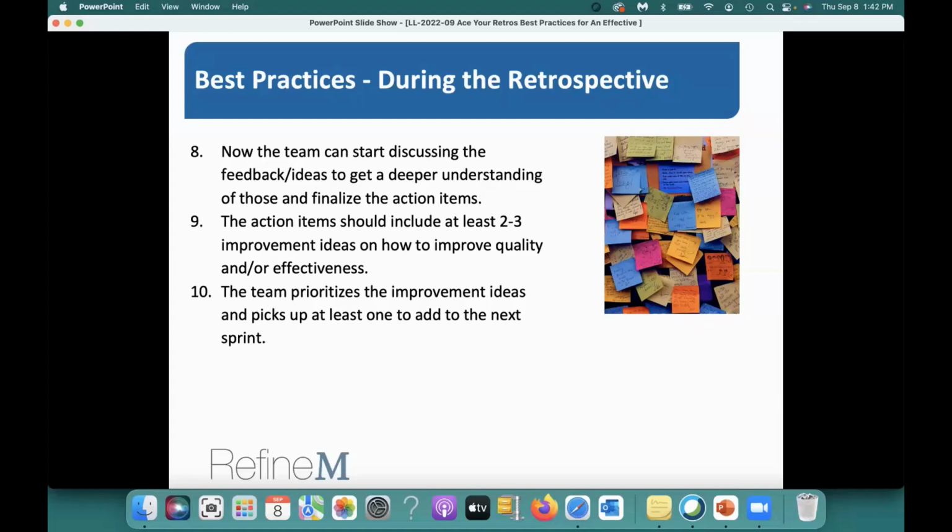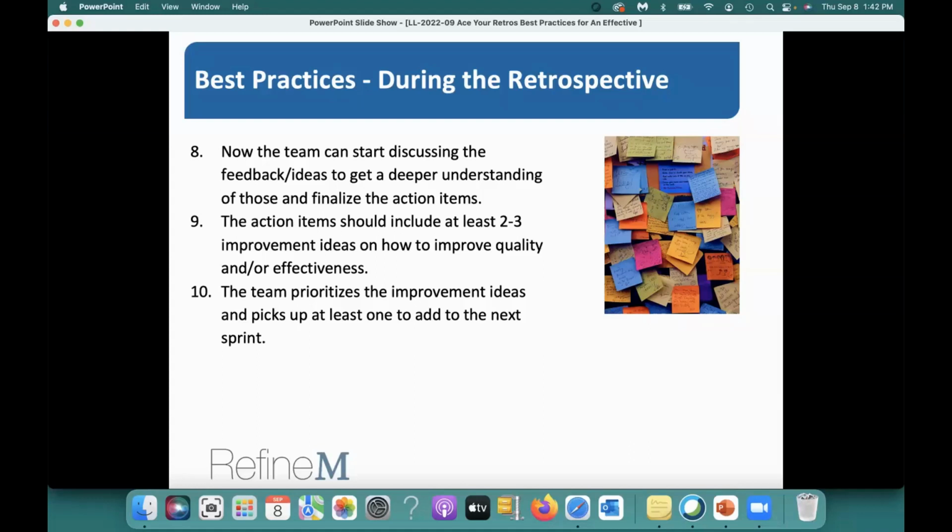For the others, you can prioritize those improvement ideas and pick at least 1 to add to the next sprint. Maybe the second one may go to the following sprint.